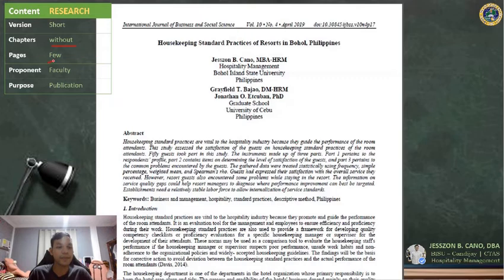And the proponents are faculty members. For example, yours truly, Jason Cano, is a faculty member of BISU, and my co-researchers, Dr. Bahaw and Dr. Itkuban, are from University of Cebu. So we conducted this research for the purpose of publication and for accreditation.